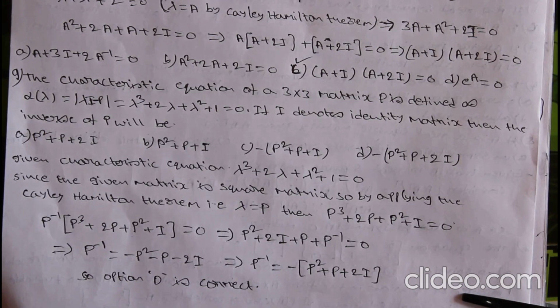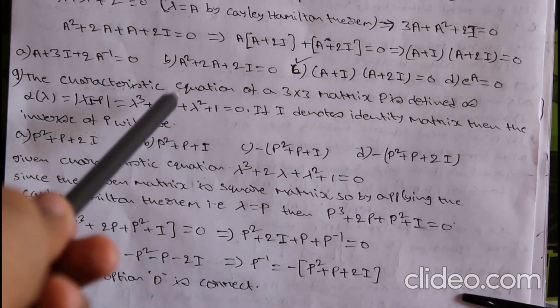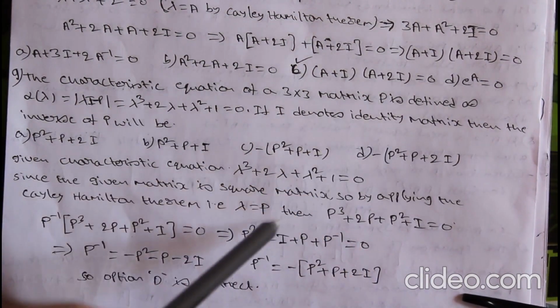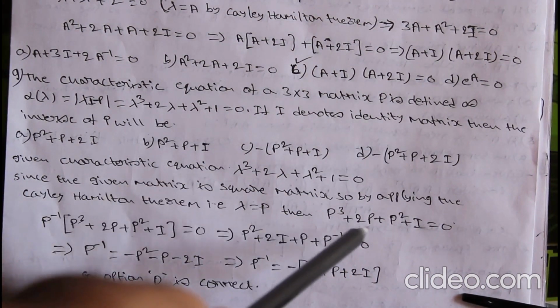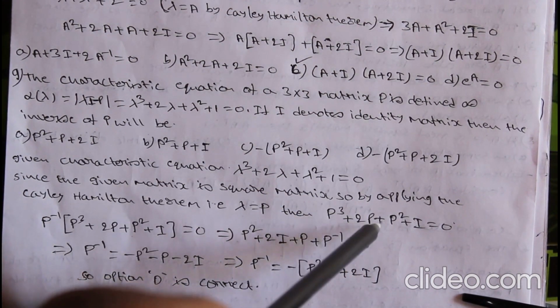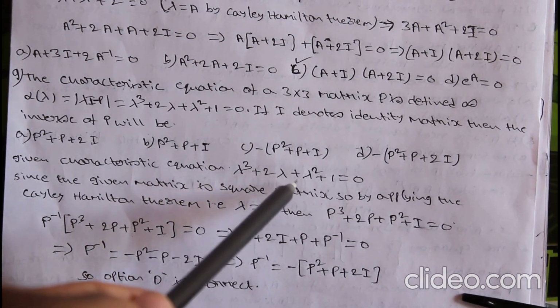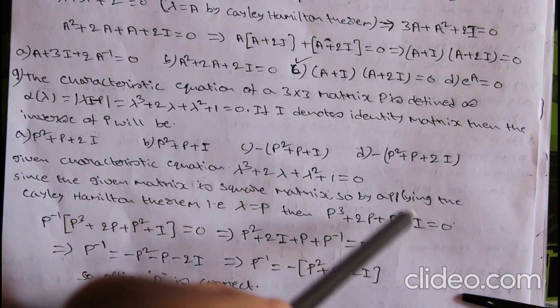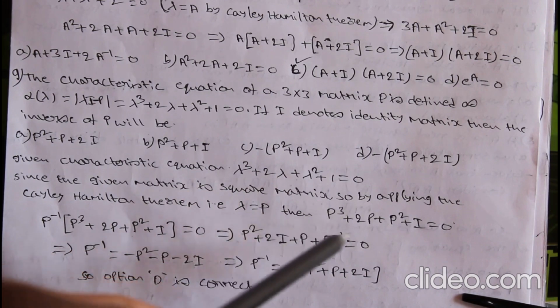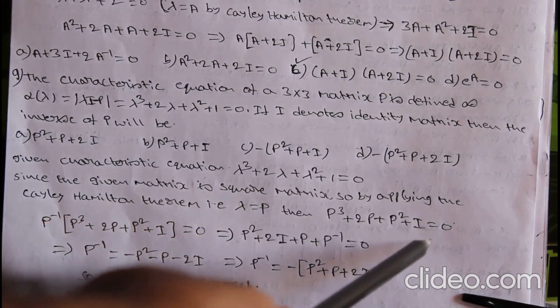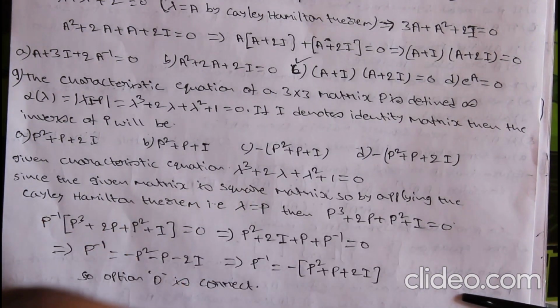So by applying Cayley-Hamilton theorem, replace lambda with matrix P. The equation becomes P cube plus 2P plus P square plus 1, where 1 is multiplied by the unit matrix I, equal to 0.